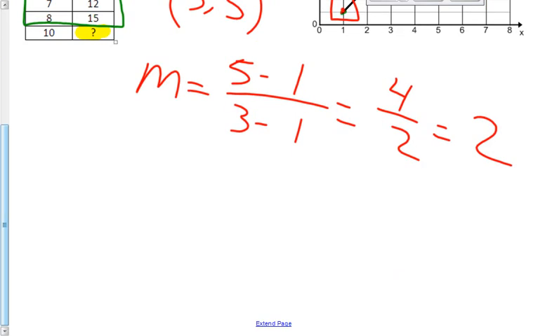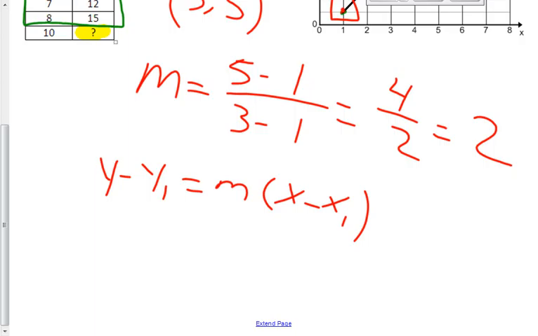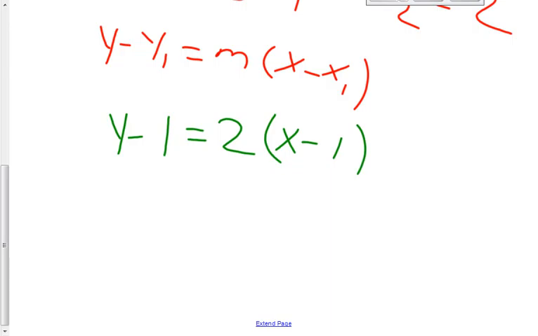If my slope is 2, y minus y1 equals m times the quantity x minus x1. And I could pick either one of these 2 points, like I said on the last problem. I'm going to pick this one just because the numbers are smaller. So we have y minus my y coordinate, which was 1, equals my slope, which is 2, times the quantity x minus my x coordinate, which was also 1.